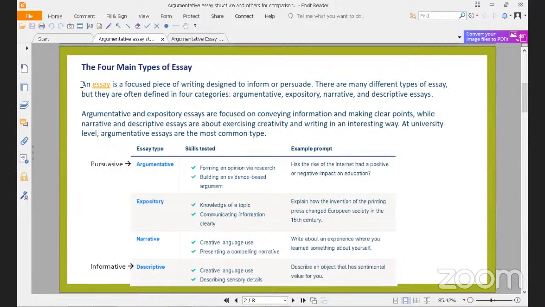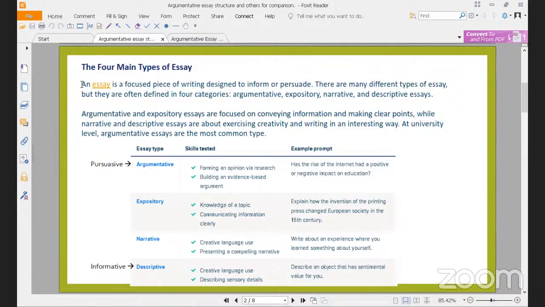An essay is a focused piece of writing designed to inform or persuade.